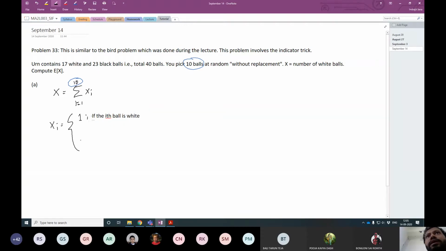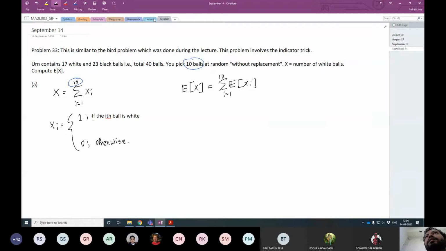Otherwise, we will define it as 0. And in that case, if I use the expectation formula, the expectation of X is going to be the summation of expectation of Xi.